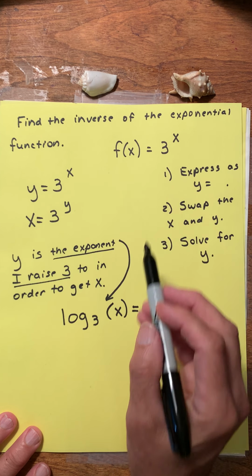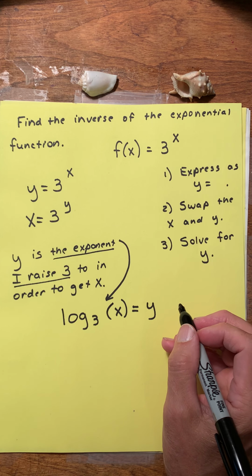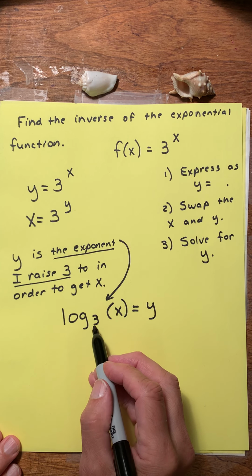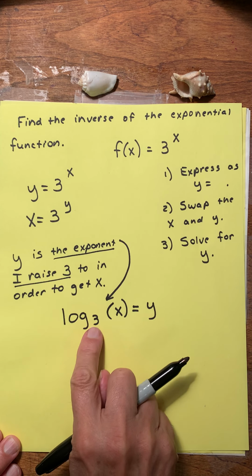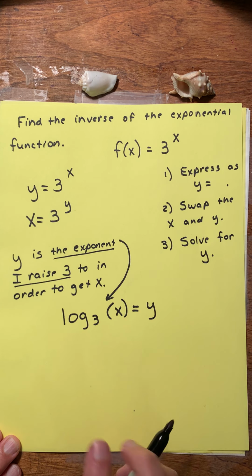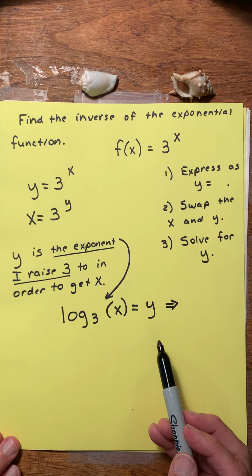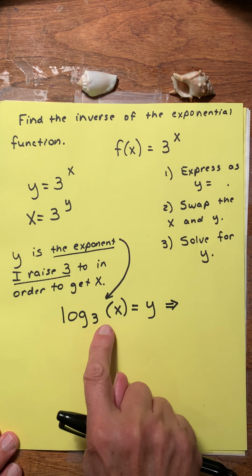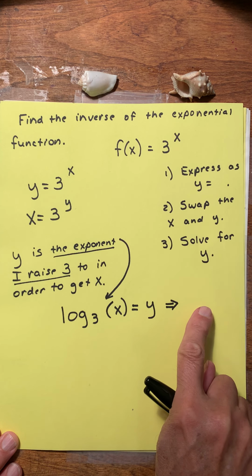So this is a re-expression of 3 to the y power is x. So another way to say this, and by the way, many of your problems are going to ask you to change a logarithmic expression to an exponential expression.